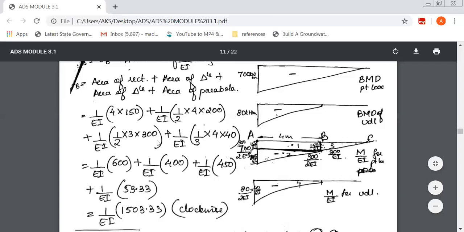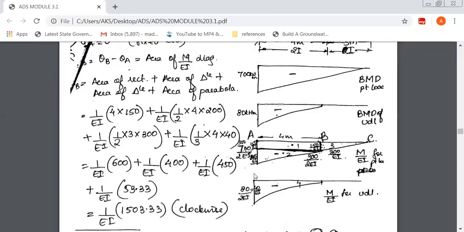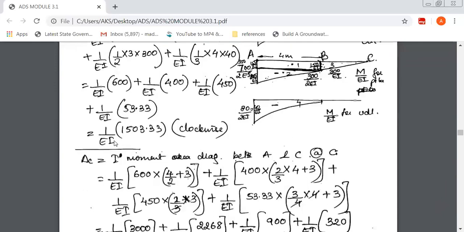Next, 1 over EI common again. Now this is the parabola. The area of a parabolic curve is 1/3 of x and y. So 1/3, x is 4, y is 440.